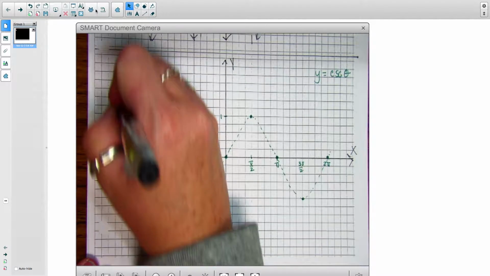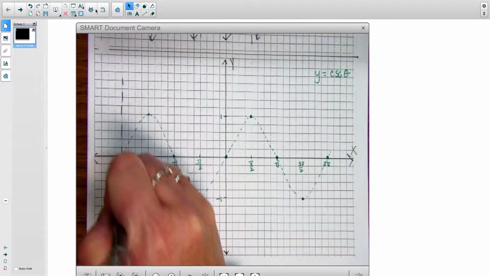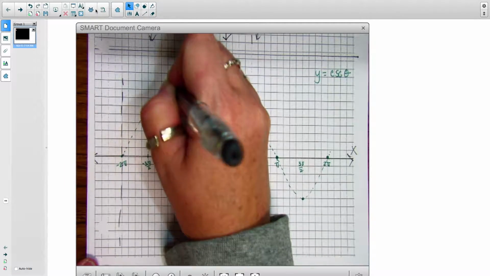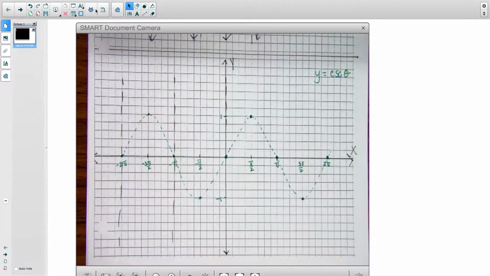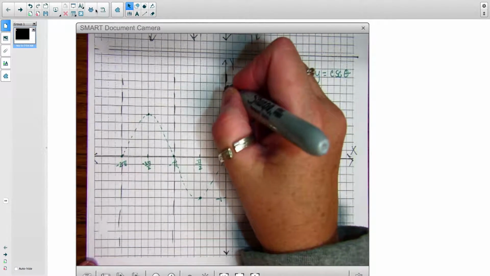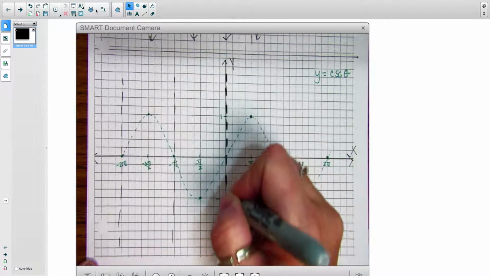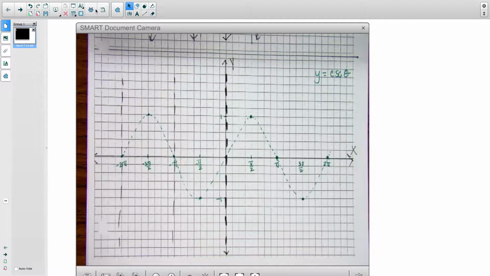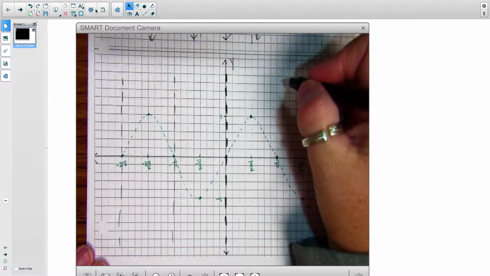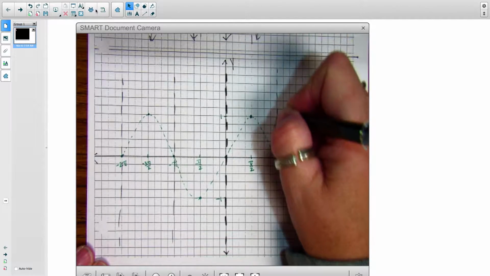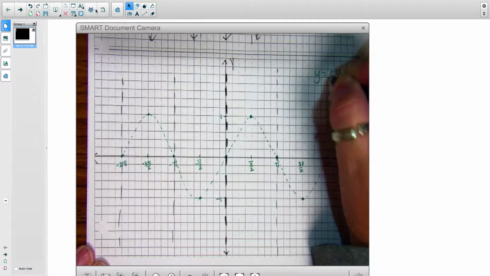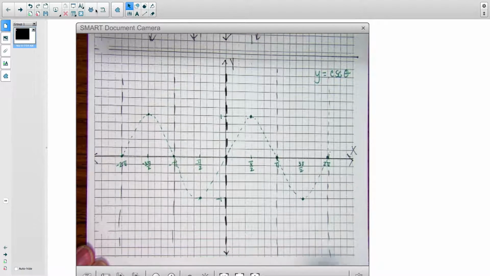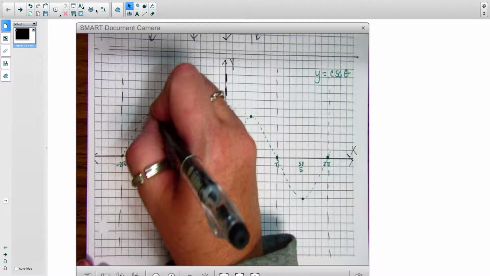Yep, at these x-intercepts: negative 2 pi, negative pi, 0, pi, 2 pi. And then what happens to the curve in between? They flip upside down.